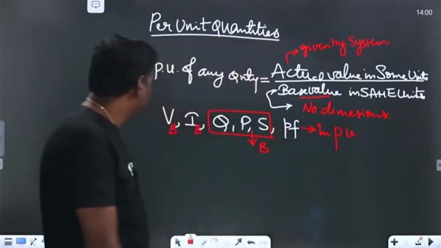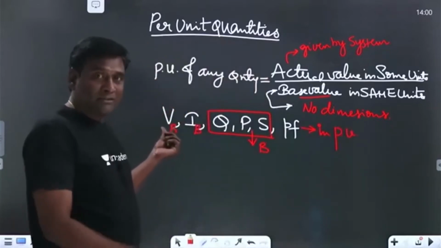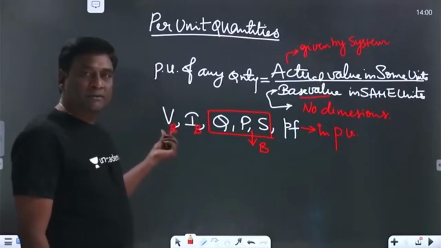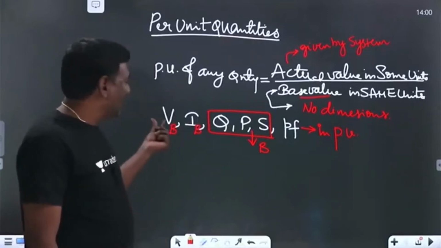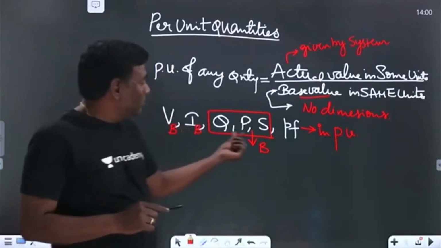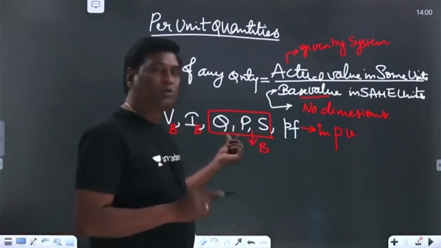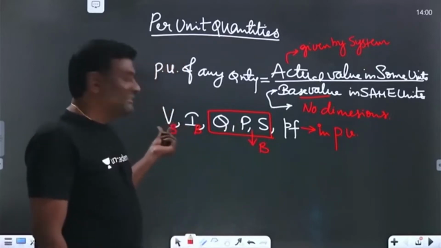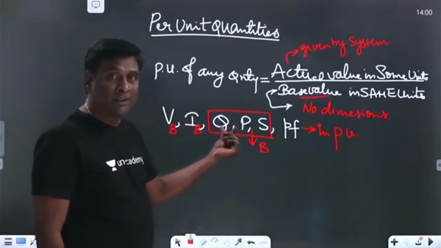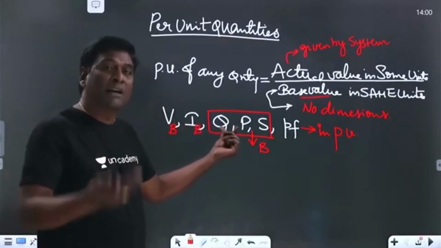Now, for voltage base, in my previous session also I used the same example, so I am using the same example. Voltage base, if I take 100 volts, current base if I take 10 amperes. Now, if I think of VA base or P base or Q base, whatever it may be, with 100 volts and 10 amperes, it should be 1000. You are not supposed to take other than 1000.